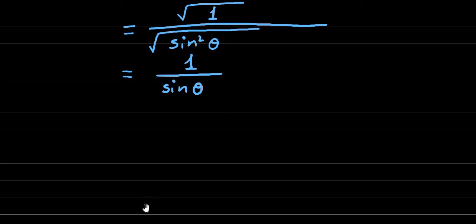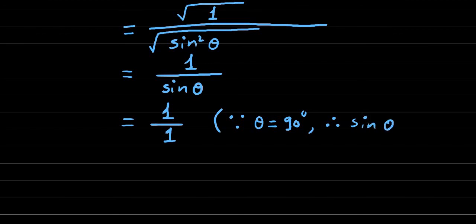Since theta is equal to 90 degrees, sine theta is sine 90, which is equal to 1. So we get 1 upon 1. This is the reason the denominator has become 1.